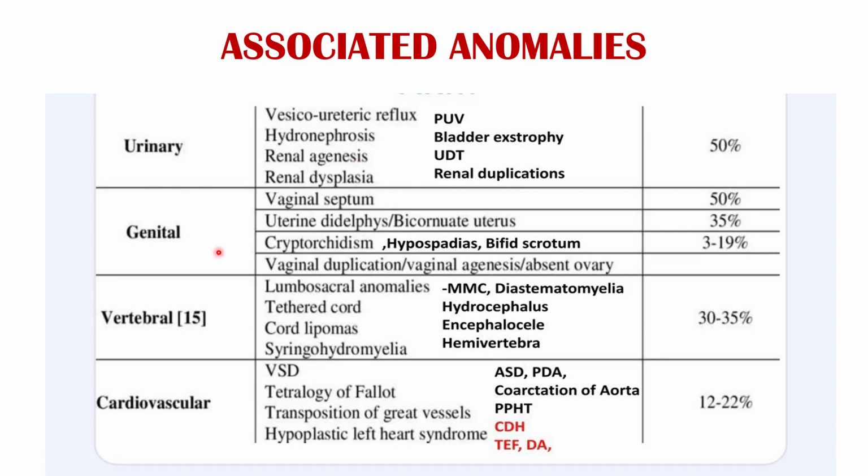They may be genital abnormalities like vaginal septum, uterine didelphys, cryptorchidism, vaginal duplication. They can be vertebral anomalies like lumbosacral anomalies, tethered cord, lipomas, syringohydromyelia, or they can be cardiovascular anomalies also, like VSD, tetralogy of Fallot, transposition of great vessels, hypoplastic left heart syndrome.